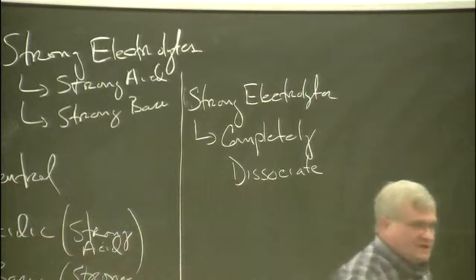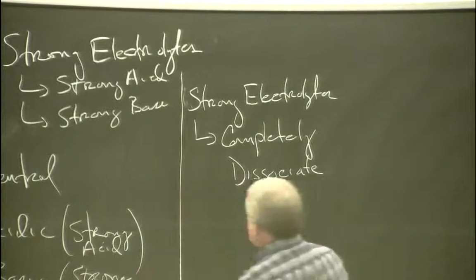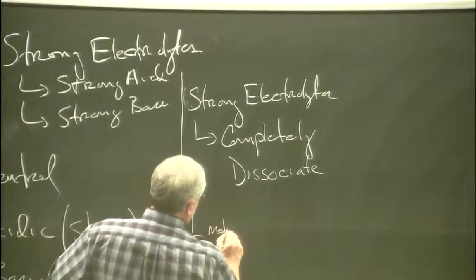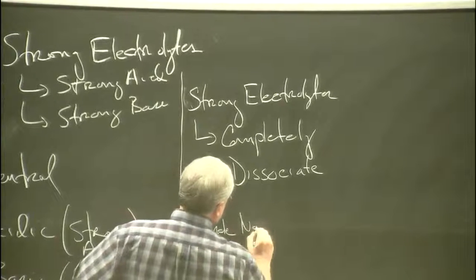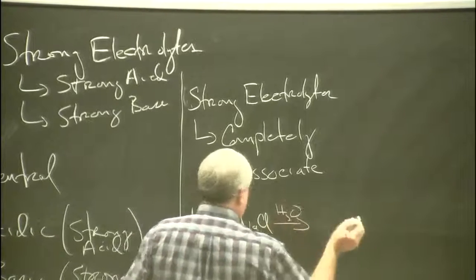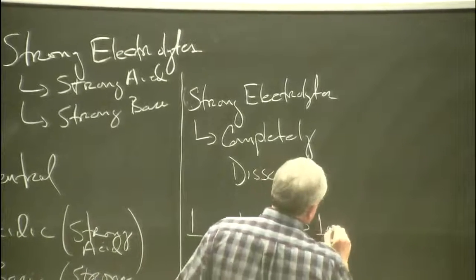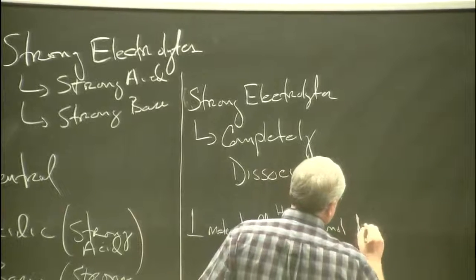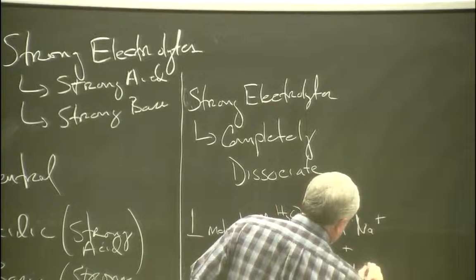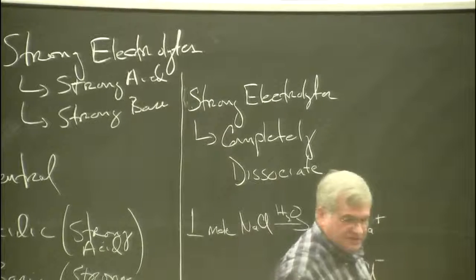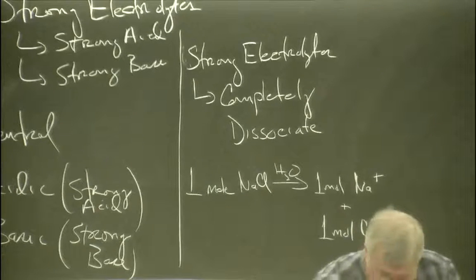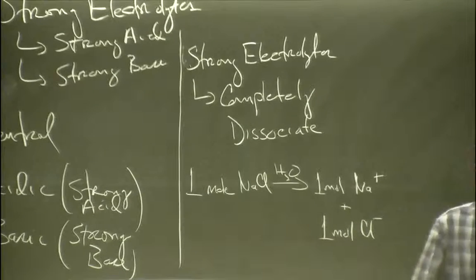In other words, if you have, let's say, 1 mole of sodium chloride, you put that into water, and now you'll have 1 mole of sodium ion and 1 mole of chloride ion in solution because it totally dissociates. Does everybody see what I'm saying there? Does everybody get that? You'll have 1 mole.